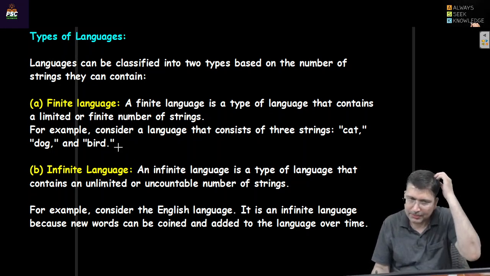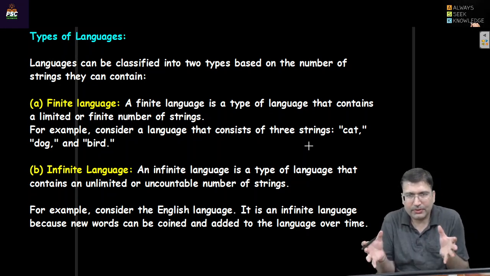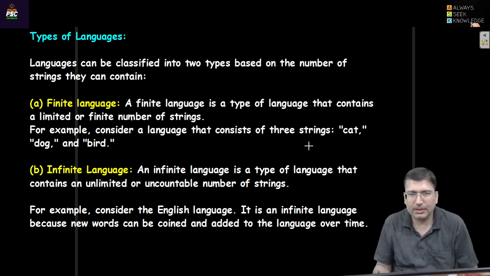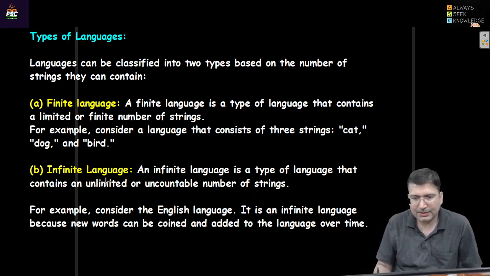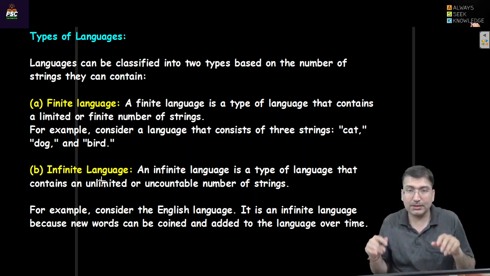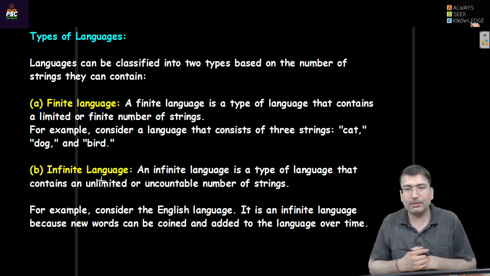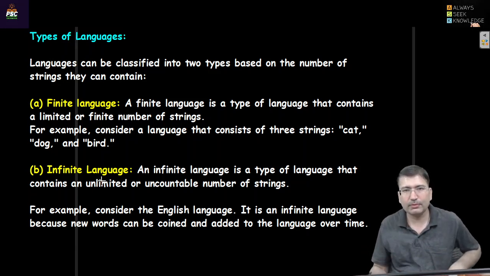For example, a language having only three strings like cat, dog and bird has a limited number of strings, so we define it as a finite language. But if we consider the English language, because English is an evolving language, we cannot say its vocabulary is fixed. Later we can introduce new words or strings in English. So we can treat English as an infinite language, right?